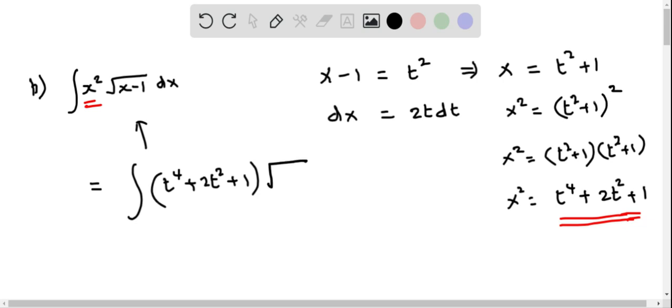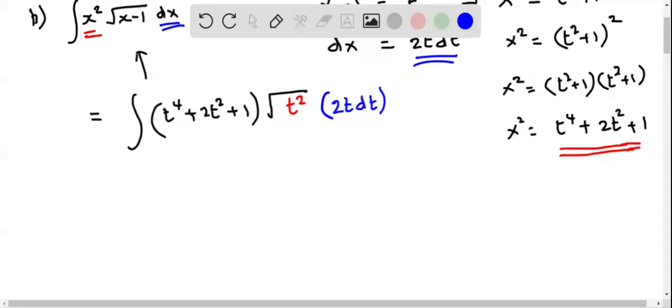Under the root, x minus 1 is, we did the substitution, t squared. So therefore this becomes the square root of t squared. And then finally we have this dx, which could be replaced as 2t dt. So let's put 2t dt for dx.